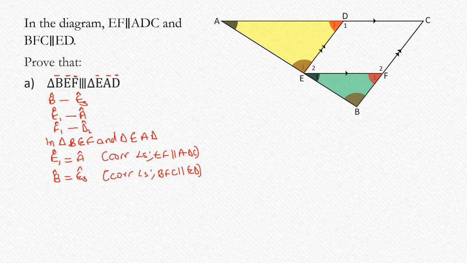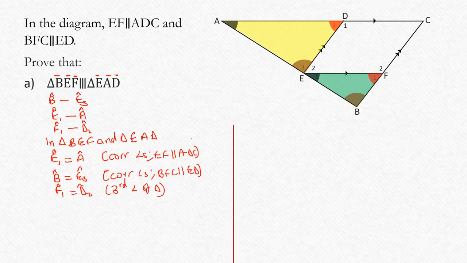Angle F1 is equal to angle D2. Why? Third angle of triangle. So now we have managed to prove that we have three pairs of corresponding angles being equal.